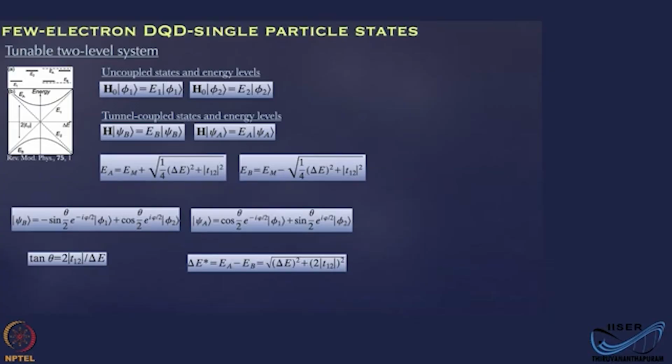Okay. So in this diagram, what we are seeing is E1 and E2 are the energy levels of the isolated atom. And when you bring them together, when you make them couple, you'll have the tunnel coupling, which is marked here by 2T12, and the resultant system will have energies EA and EB. So the Hamiltonian of the isolated dots is H0, phi1 and phi2 are the wave functions.